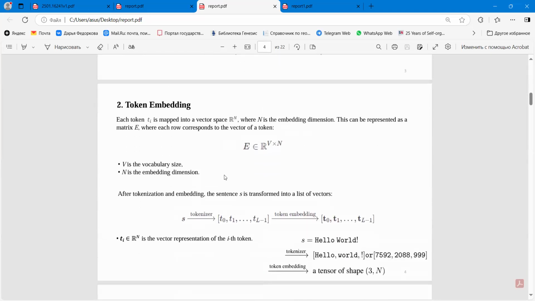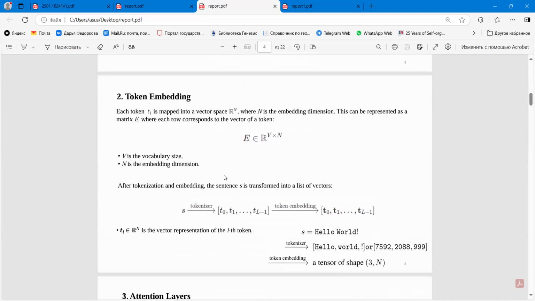The next step of this architecture is token embedding. Each token is mapped into a vector space where n is the embedding dimension. This can be represented as a matrix E, where each row corresponds to the vector of a token. So big V is the vocabulary size, and N is the embedding dimension.